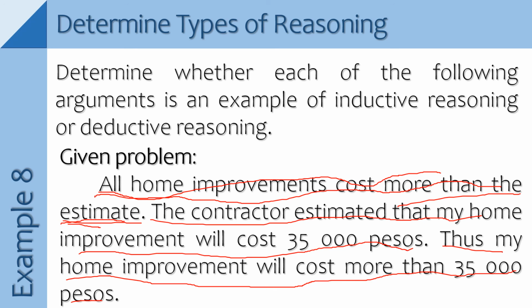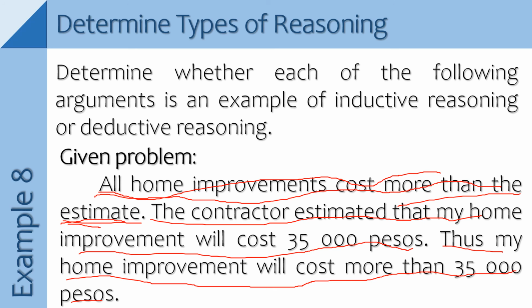When the owner of the house asked the contractor to estimate, it will cost 35,000. Therefore, he has a conclusion that his home improvement will cost more than 35,000 pesos.